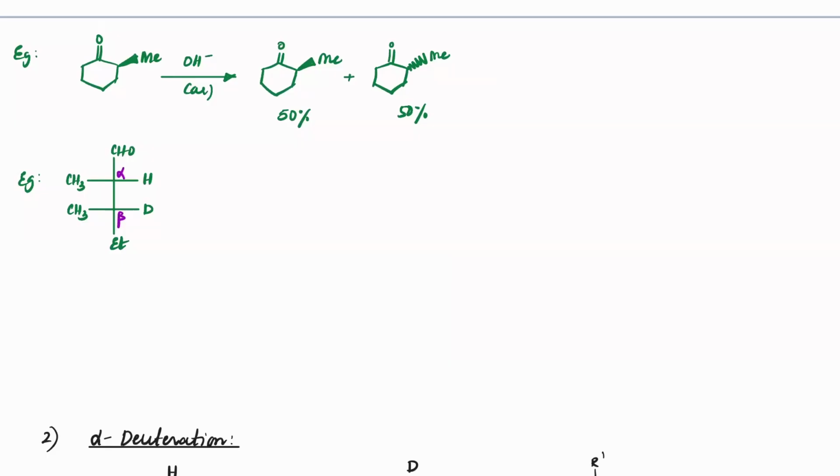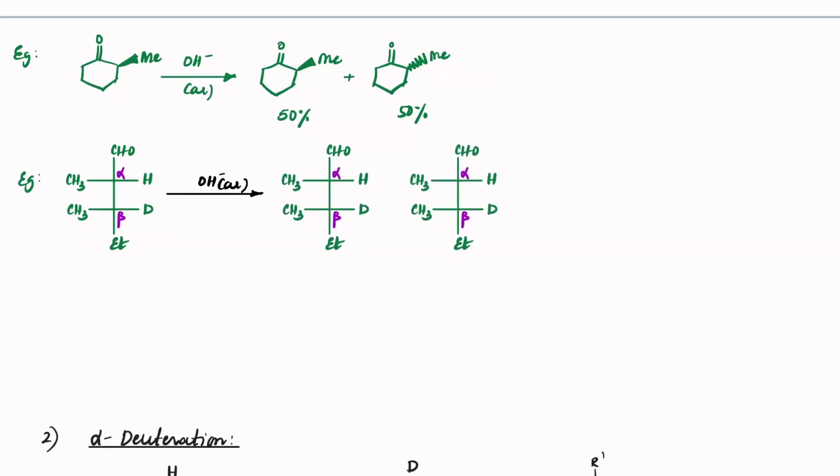Now, if that is treated with OH minus aqueous, at the alpha position there should be two orientations possible. So I will put it again. This time hydrogen could be on the left-hand side here and methyl could be on the right-hand side.